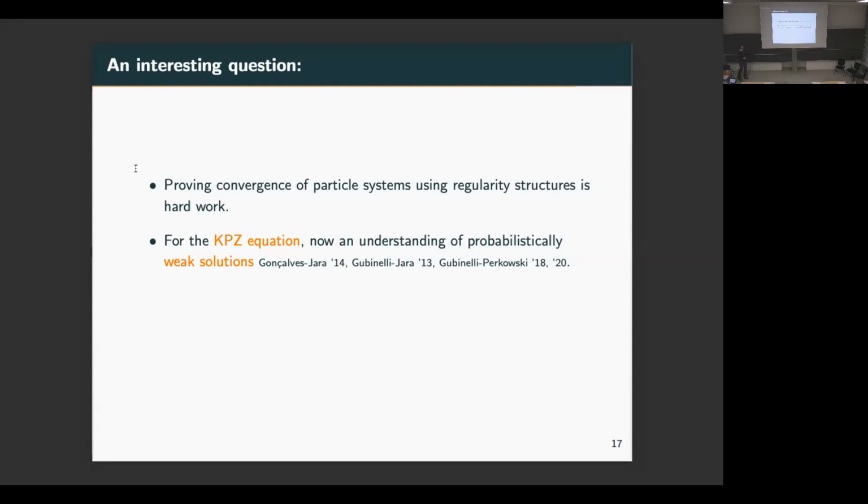They now have a pretty good understanding of weak solutions of the KPZ equation. Especially, they have uniqueness of a much weaker form of solution than what is provided by the theory of regularity structures. This has been very useful in proving convergence results for interacting particle systems, because you have to check much less for the limit. You just get tightness pretty cheaply, and then you're done.